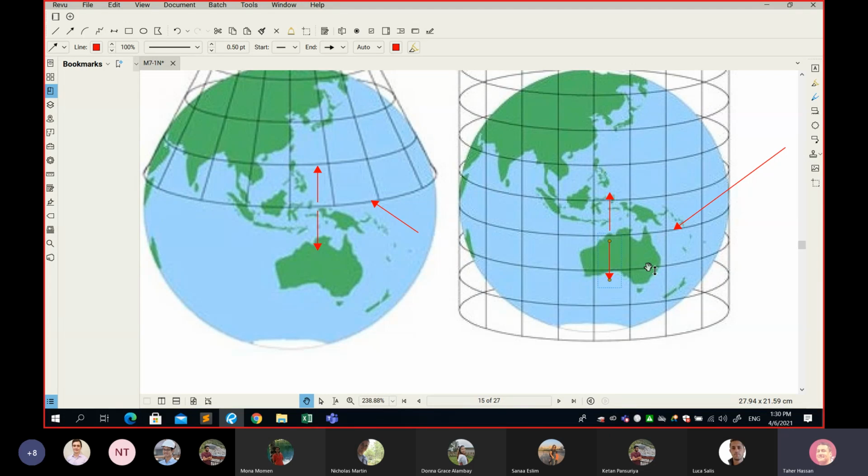Now, why do you need to understand this? Because if you want to use one kind of projection in one area on the earth, you have to be mindful of where there is no distortion and around which distortion will be minimum.